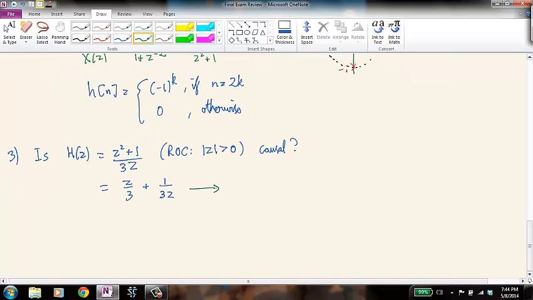And if you do the inverse z transform of this, you get 1/3 times delta of n plus 1, right? Because the Z transform of 1 is just delta of n. So Z transform of z times 1 is the delta function shifted, right?